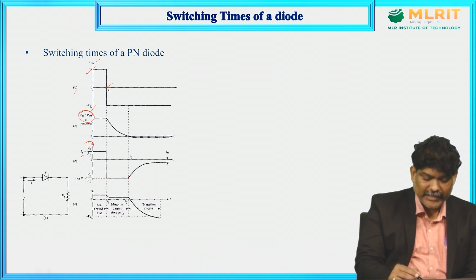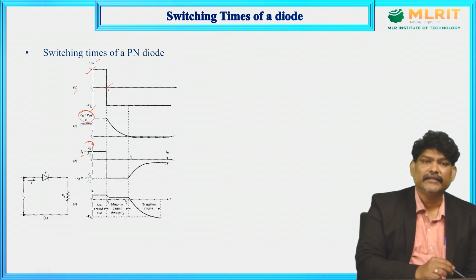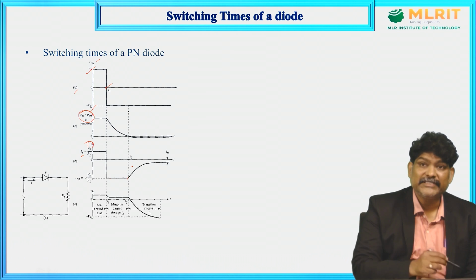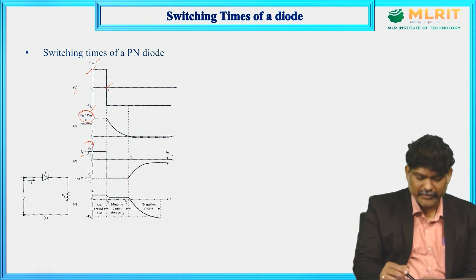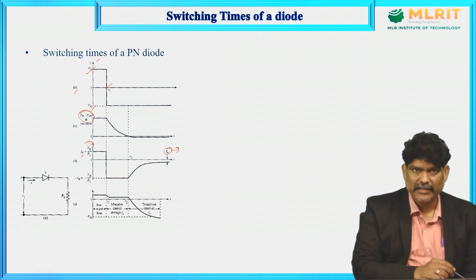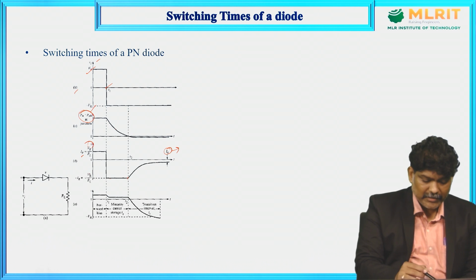So that indicates it increases slowly like this. That is the time required by the charge carriers to settle down, and this gap is nothing but the reverse saturation current. The reverse saturation current is due to minority charge carriers, we know.